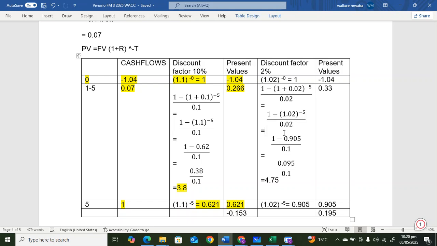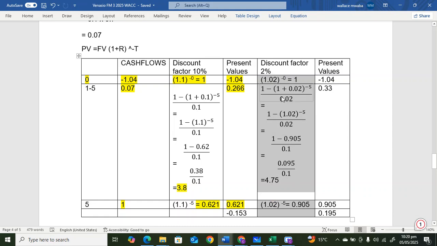If we had to increase our discount factor from 10%, I would start with 20% as the next discount factor or 30%, because then I'll be sure that I'll get a negative net present value. So we repeat the process again. You get your new discount factors with your new discount rate of 2%.